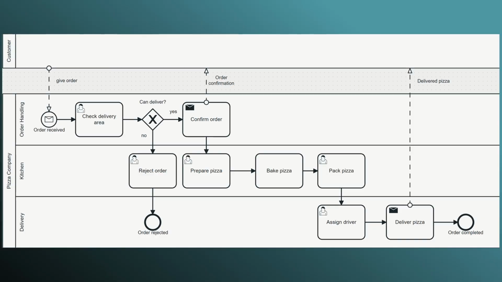What you can also do is, if you have a customer, for example, because the customer doesn't belong to the organization, you just have a pool for the customer. Very often this is a collapsed pool, and then you have an expanded pool with all the details and many swim lanes for the organization itself.